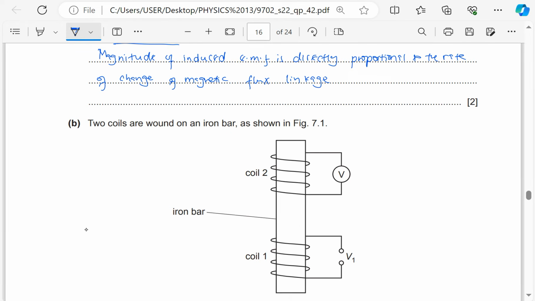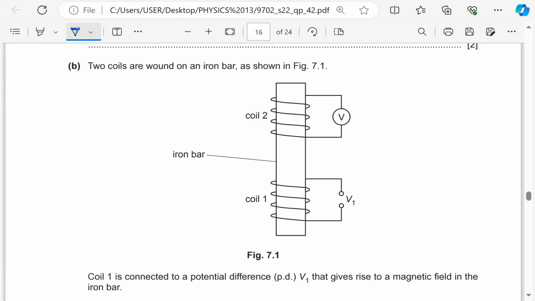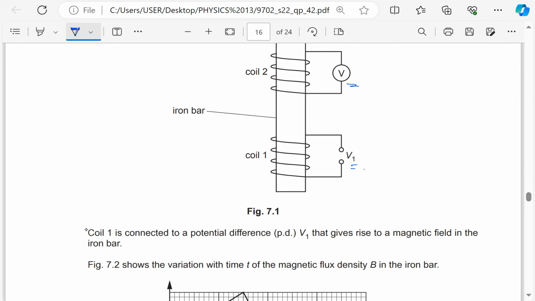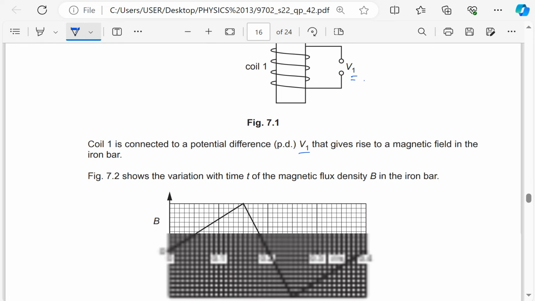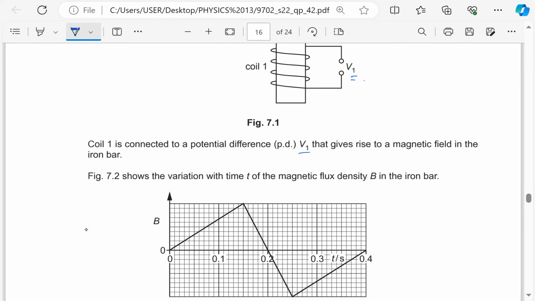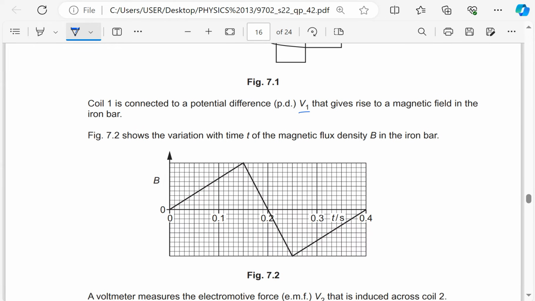So two coils are wound on an iron bar as shown here. One has a voltage supply, one just has a voltmeter. Coil 1 is connected to the potential difference V1 that gives rise to a magnetic field in the iron bar. The figure shows the variation with time t of the magnetic flux density B in the iron bar.